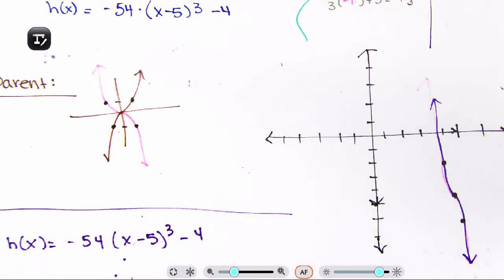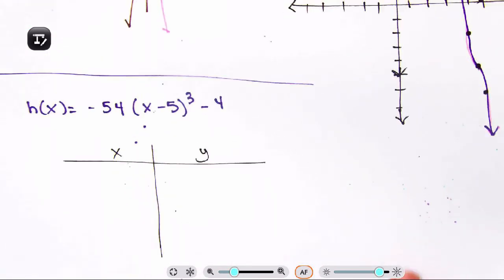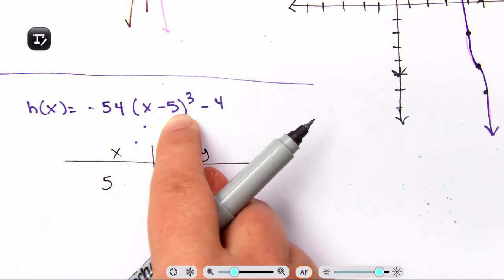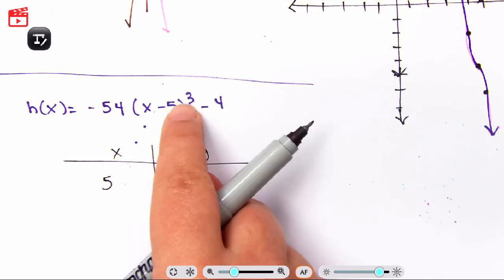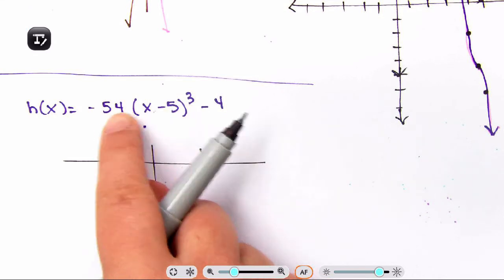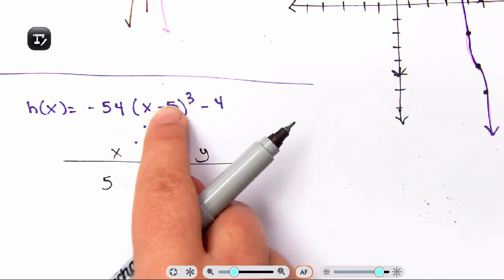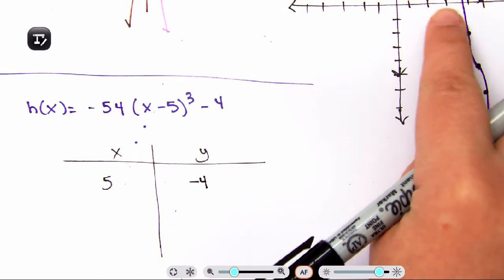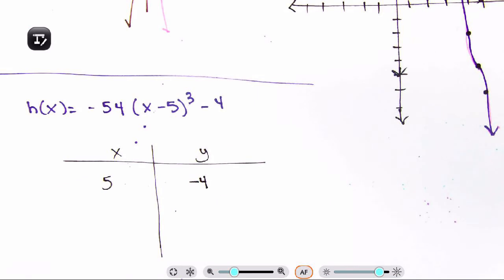I'm going to choose the pretty points method, so I'm going to put 5 in as x. Why? Because 5 minus 5 is 0, 0 cubed is 0, 54 times 0 is 0, and I get an output of negative 4. So (5, -4). So far, so good. Things are still lining up. My vertex is what it should be.